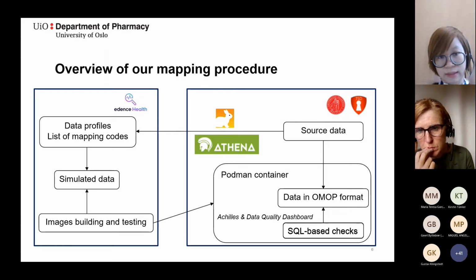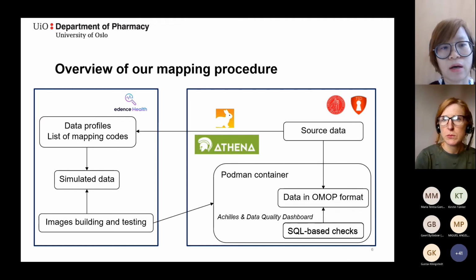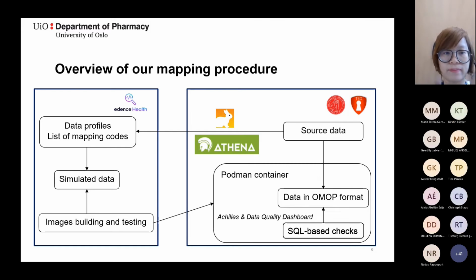Because this is a collaborative work between UiO and EdenceHealth, we use the White Rabbit tool to profile our data, and we send the scan report from our source data to EdenceHealth, where they later created a list of mapping codes and sent it back to us. We use Athena to transfer all the non-standard codes into standard ones. The data profile that we sent to EdenceHealth was also used to simulate the data, and the SQL for the ETL was built on this simulated data at EdenceHealth.